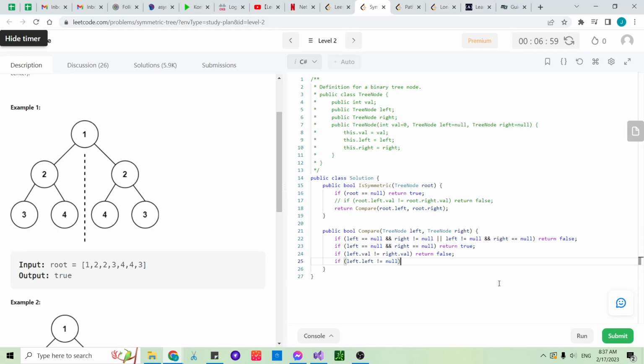Otherwise, we go to the children node, when we're gonna compare left with right. So we're comparing that with that, and we also need to compare these.